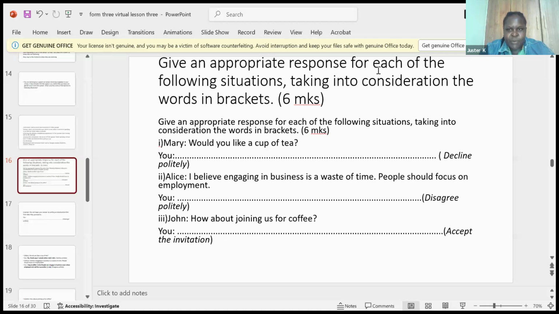Give an appropriate response for each of the following situations, taking into consideration the words in brackets. And I want at least a number of you to try and attempt this. This is purely etiquette. That's a question on etiquette. Please, if you are raising your hand, ensure you're using a name. Their names I'm not able to pronounce here, and I want accountability.